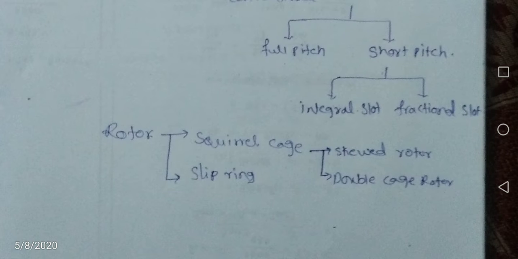Coming to the rotor, rotors are of two types, squirrel cage and slip ring type rotors. In a squirrel cage rotor, there is a problem that rotor resistance is less.